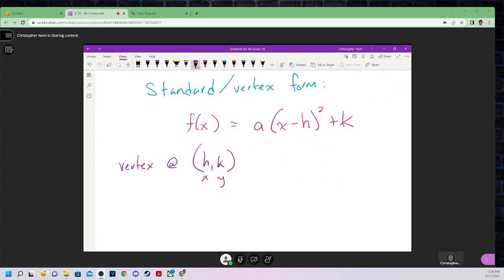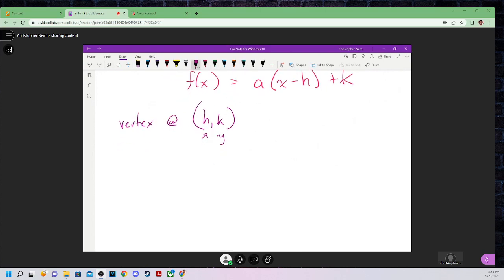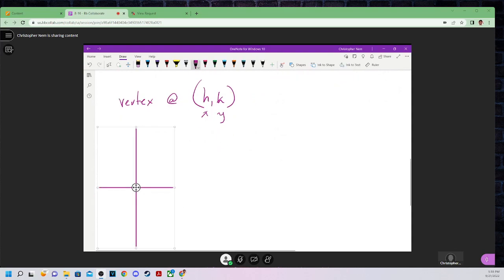So what is a vertex? A vertex of a quadratic is simply where the 2 segments adjoin. So in this case, over here, this is your vertex, and it's located at h comma k, or in this particular one, at 0 comma 0.